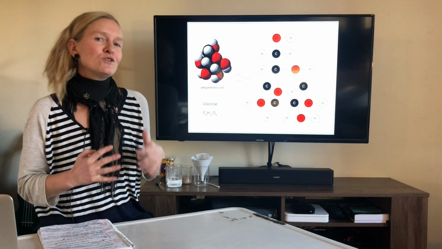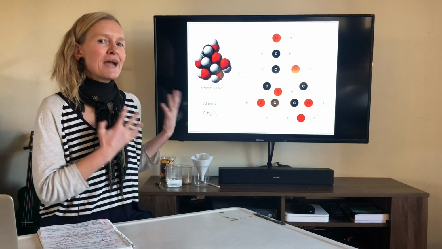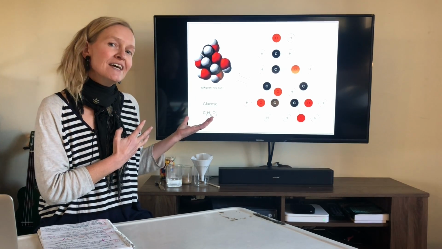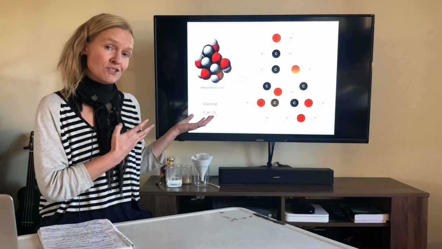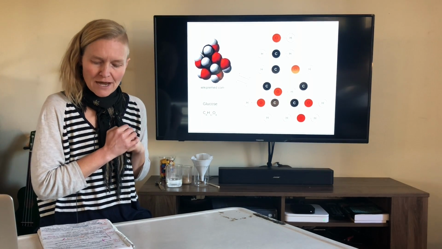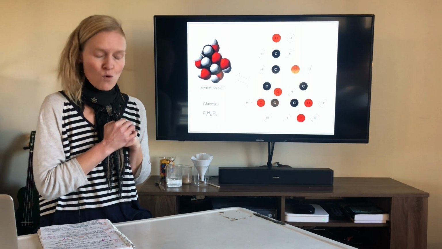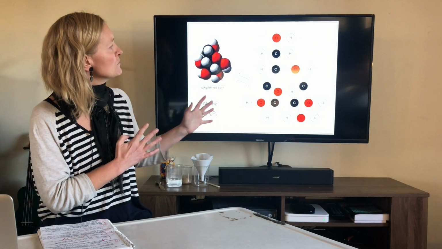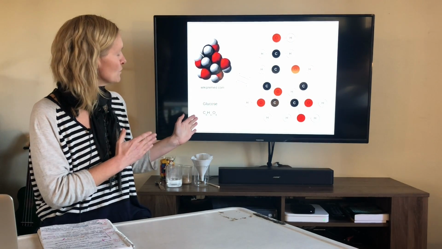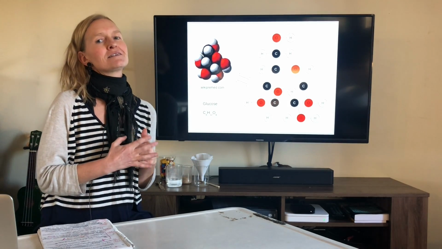So from what you've learned so far, which branch of chemistry would this molecule belong to? Now remember, compounds are molecules made up of more than one element. So here we have a compound. Glucose is actually made up of three different kinds of elements.